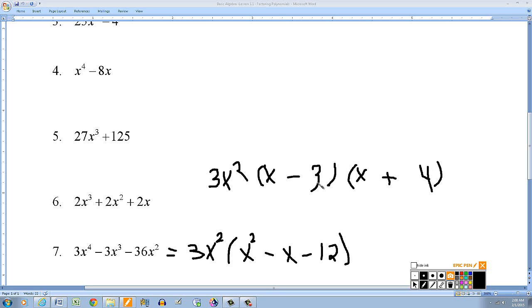So notice in this case, when I multiply these two out, this is minus 3x here, and then this time this is 4x. If I add those up, that gives me a positive x. That gives me a positive x.